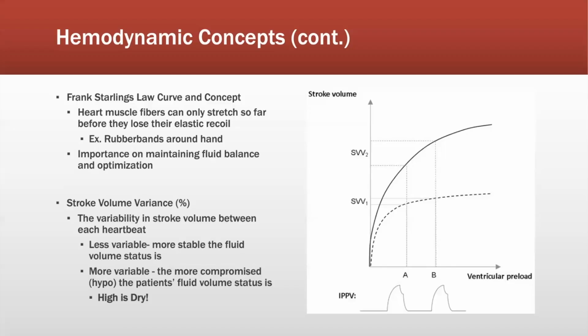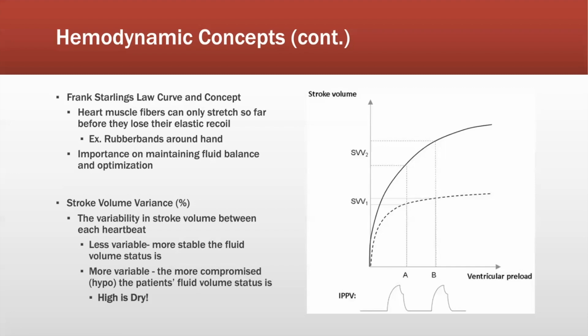Why this is so important is that your rubber bands can only stretch for so long before they lose their elastic recoil, right? Our heart fibers are the exact same way. That's how we can get these very boggy, non-compliant ventricles and hearts that get so enlarged that they don't contract down well together.